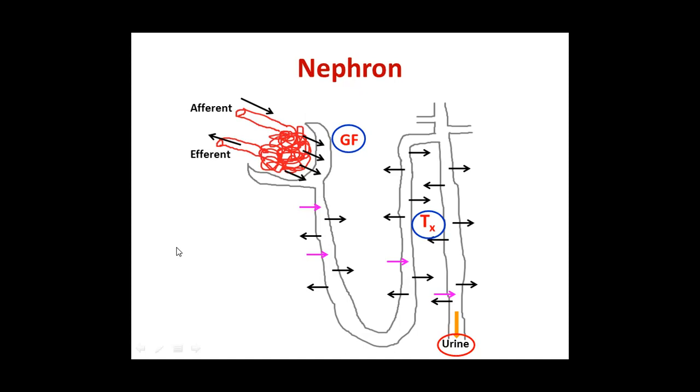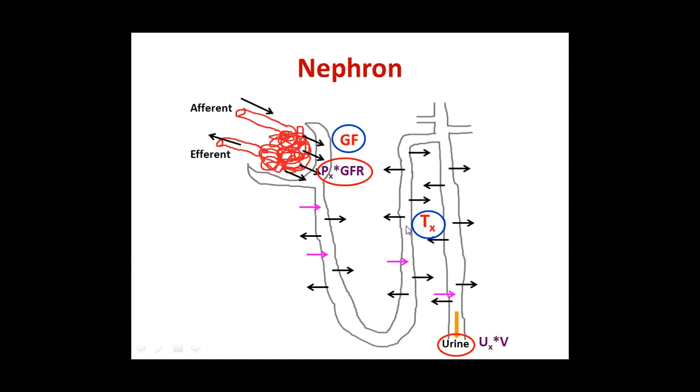So there are several attributes. One is PxGFR, or filtered load of a substance X. Next is Tx, or the transport of a substance X per unit time. And finally is UxV, that is the urinary load of a substance per unit time.